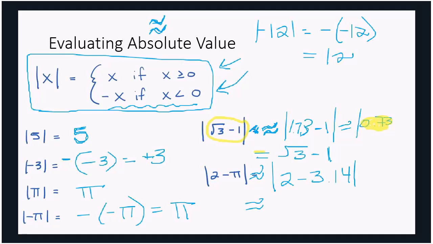And 2 minus 3.14 is approximately negative 1.14. So inside my absolute value bars, I now have a negative number.